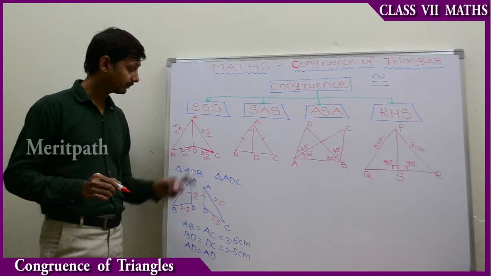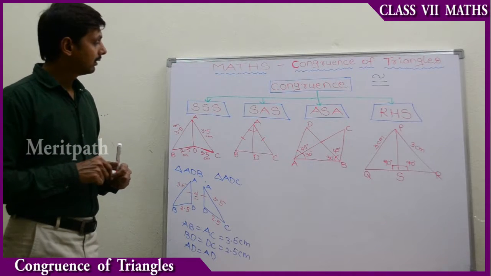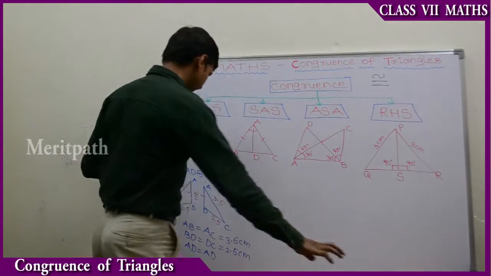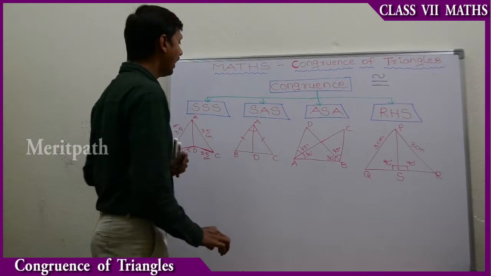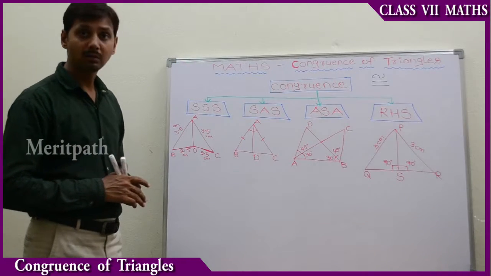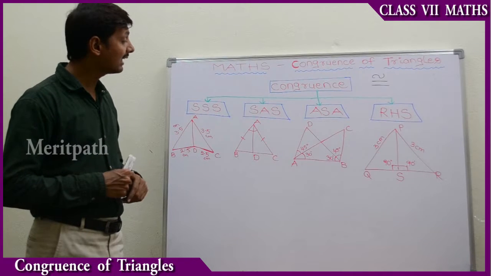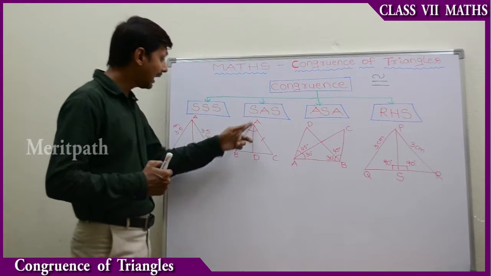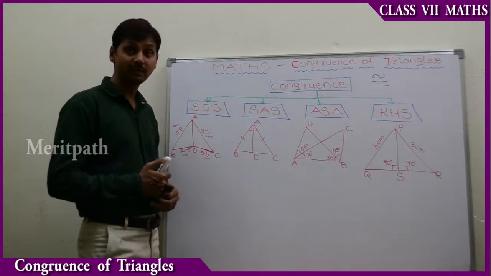Let's go to the next example, that is the SAS property. Let's take another example. We can observe that this side is common for both triangles. There are two triangles in this, triangle ADB and triangle ADC.